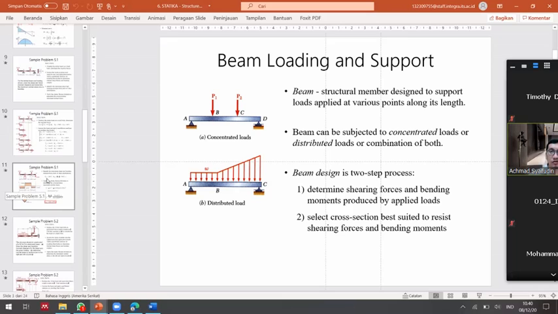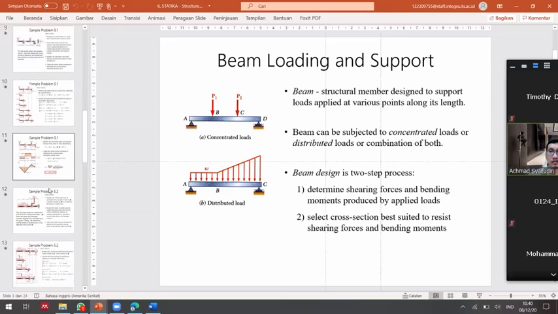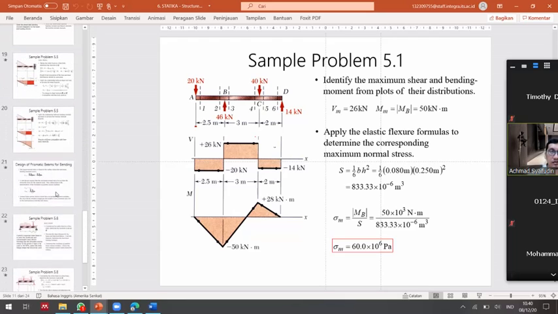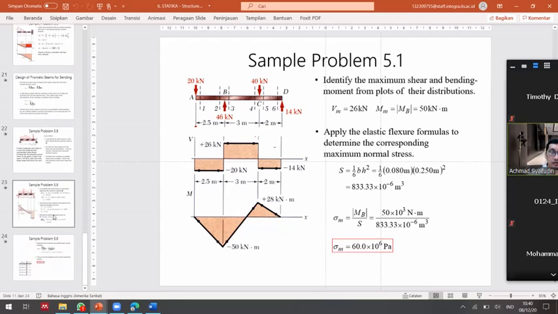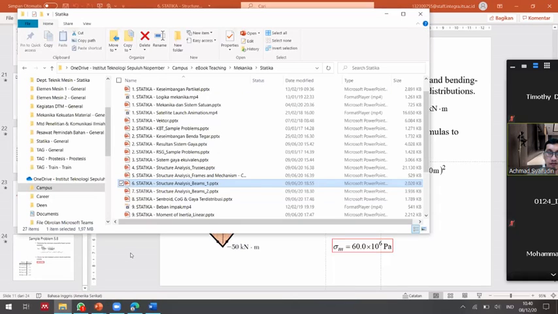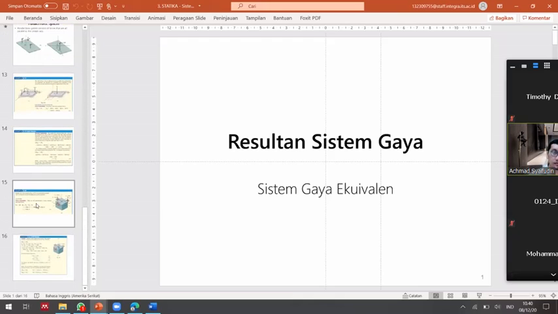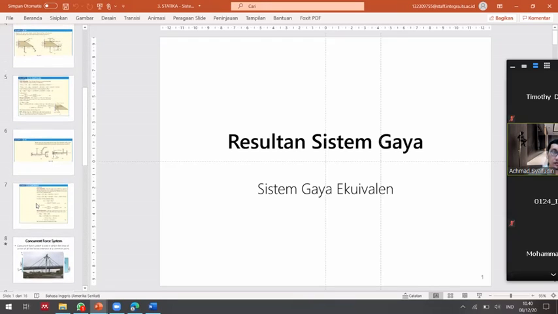This is how you find the moment area. You already learned it in statics.